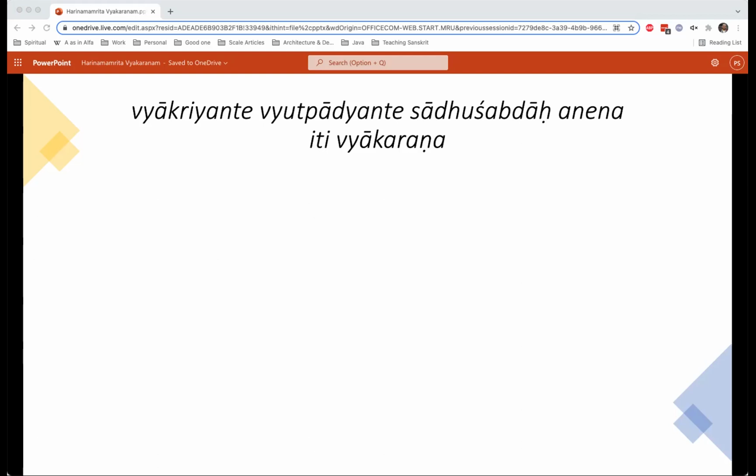For example, even in English you have derivation. There is the word inform, and then you add ing at the end, it becomes informing, like an adjective. And then you also have inform plus ation, which becomes information.